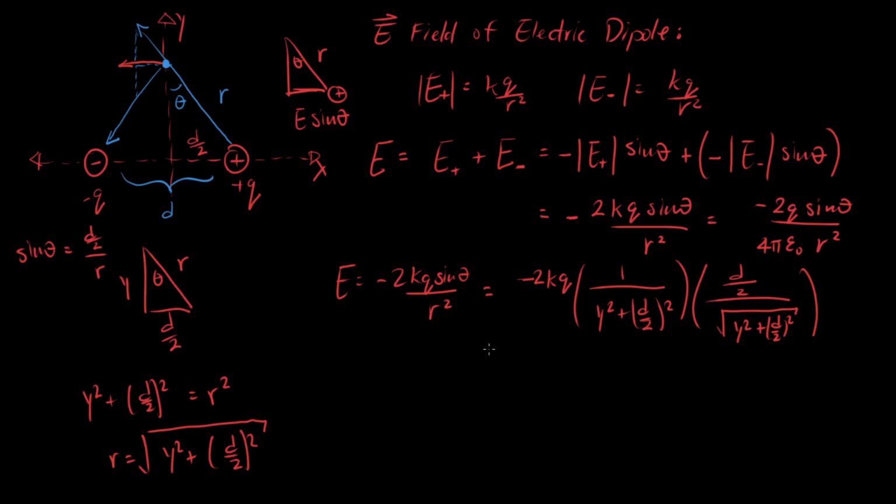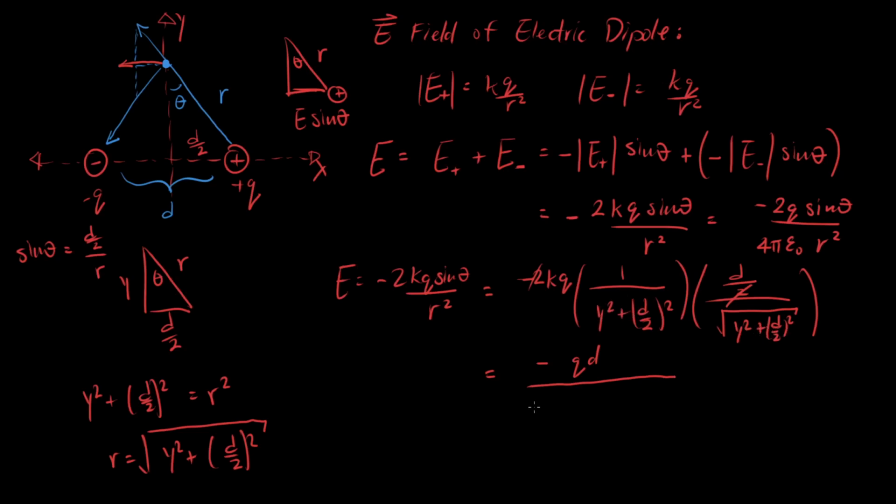And so let's clean up this kind of mess we have here. Let's see what we can cancel out here. We can cancel out this 2, right? And that seems to be about it. So let's write it out. We get negative qd divided by, and so we have essentially a square of a square root and a square root.